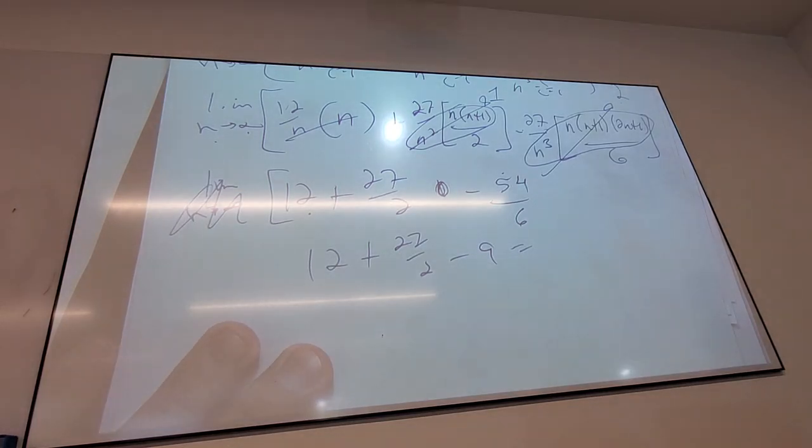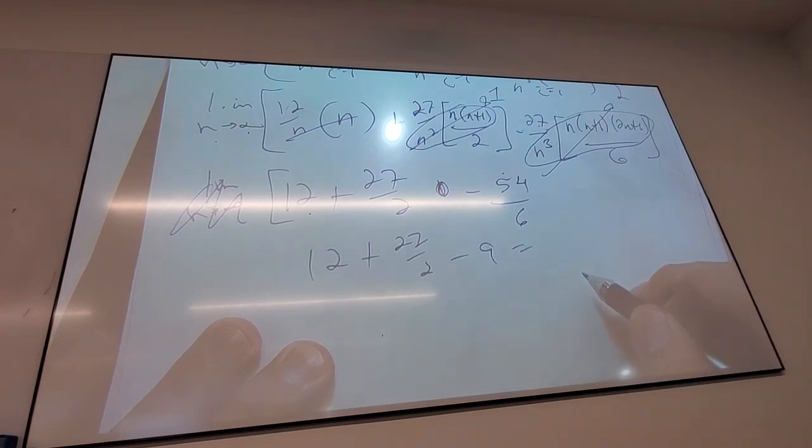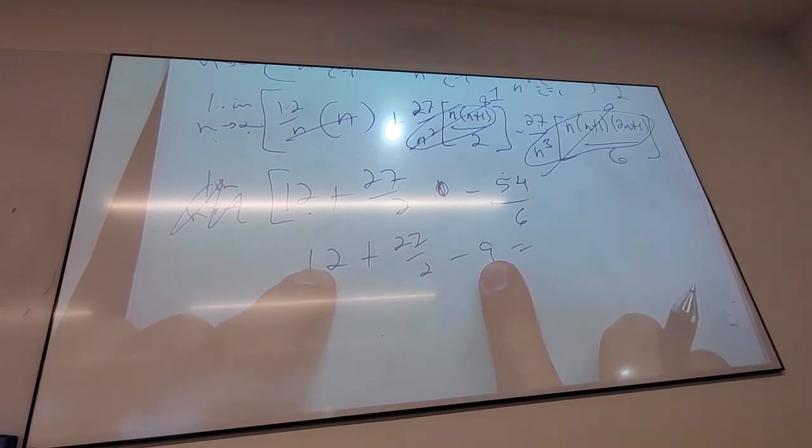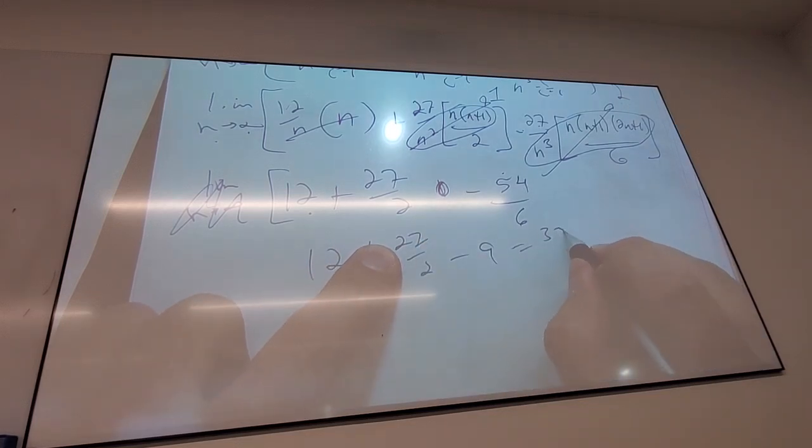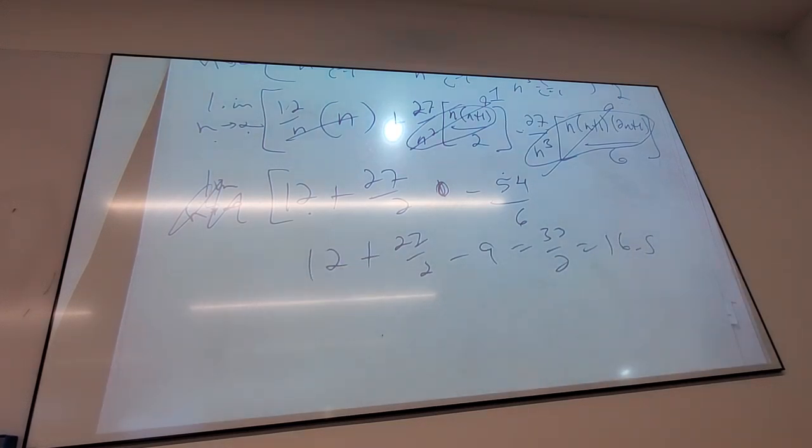Is it 16.5? 16. Oh, look, guys. So this is 3. 3 is 6 over 2. 6 plus 27 is 33. 33 divided by 2 is 16.5.